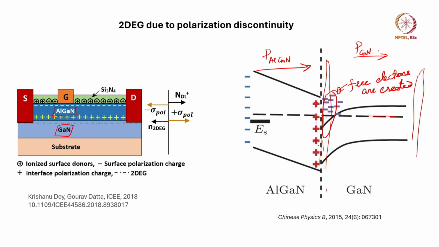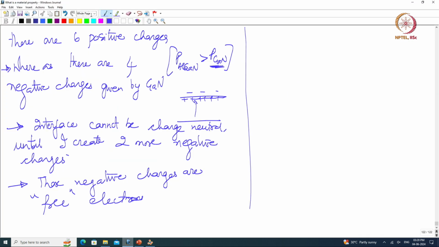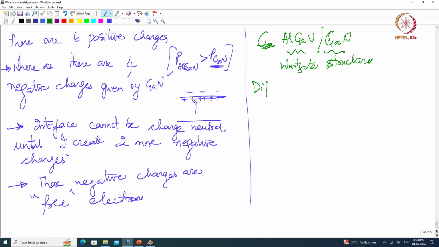This is called polarization discontinuity, right. So, let me go back. What I have in the case of GaN-AlGaN heterostructures, aluminum gallium nitride and gallium nitride, is that both of them are Wurtzites, but both of them have different spontaneous polarizations.